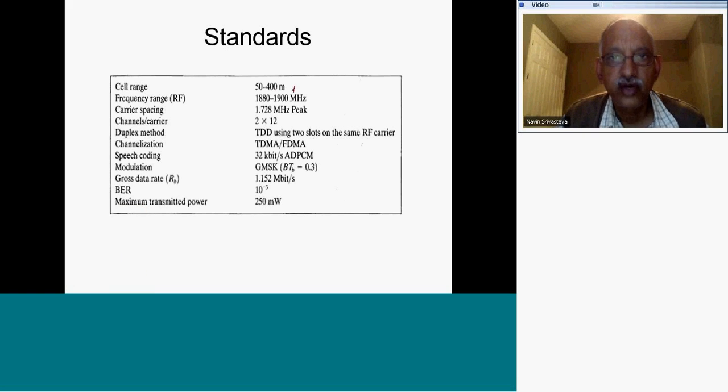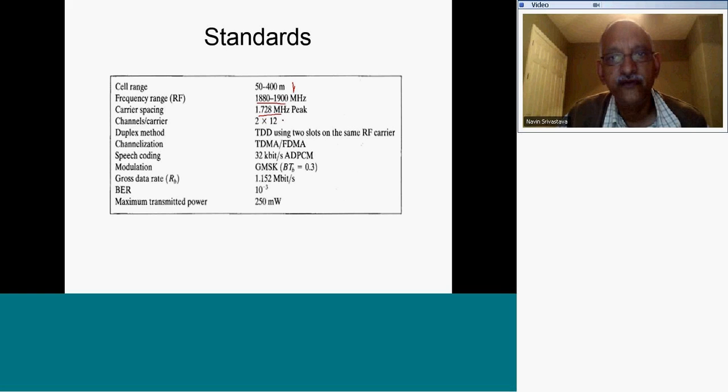The frequency will be over here, 1880 to 1900, and within each channel there will be a carrier spacing of 1.728 megahertz, and you will have 2 channels per carrier. That is, there will be a total of 12 channels.